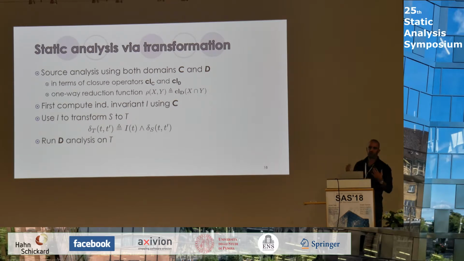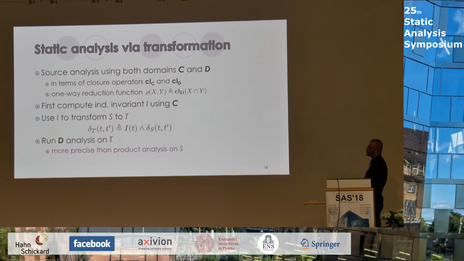So basically, we require that all the states in the target program have to satisfy the inductive invariant I. And then we run the analysis using the abstract domain D on the target program. And we prove in the paper that that's actually more precise than running the one-way reduced product on the source program.